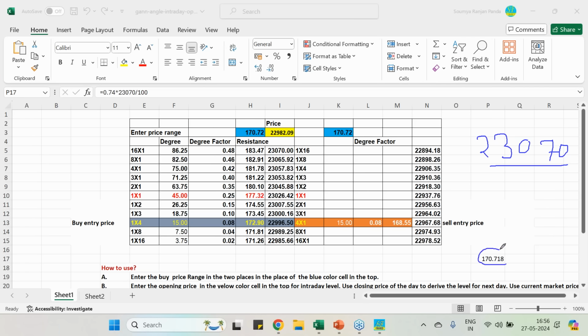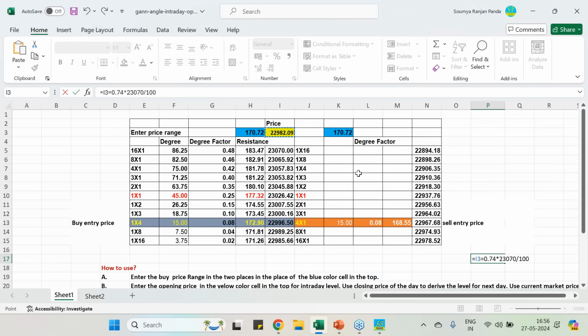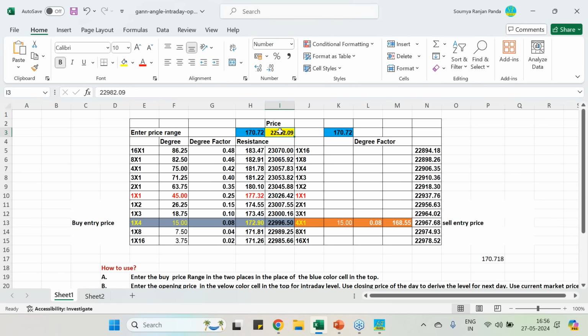As per its daily volatility, it is expected to move 170 points, but I do not know whether it will move upward 170 points or downward 170 points. It has a tendency to move 170 points plus or minus. So now what I am doing here is taking 170.72, and I am taking the opening price of the day, which is 23,070.